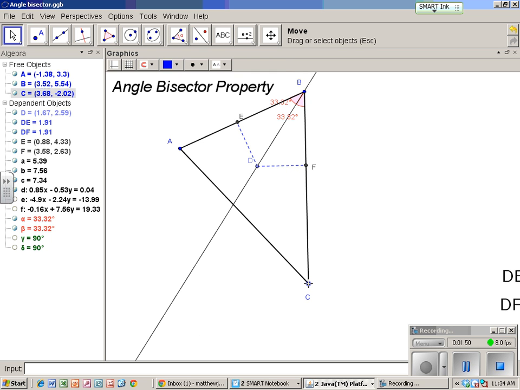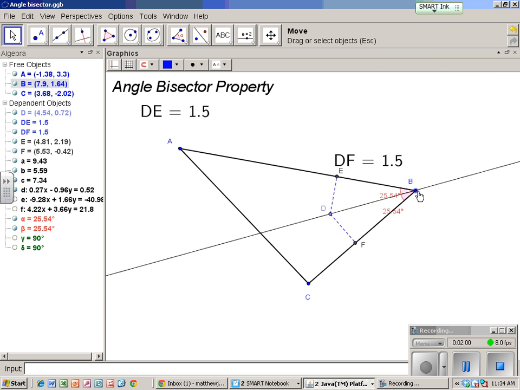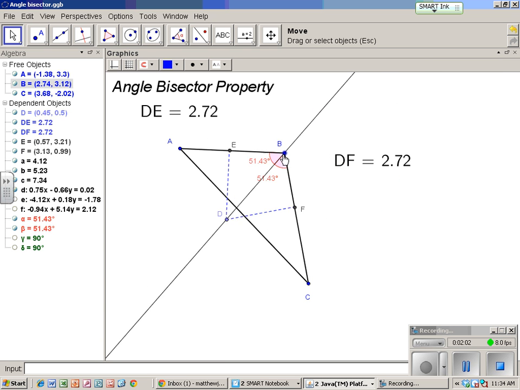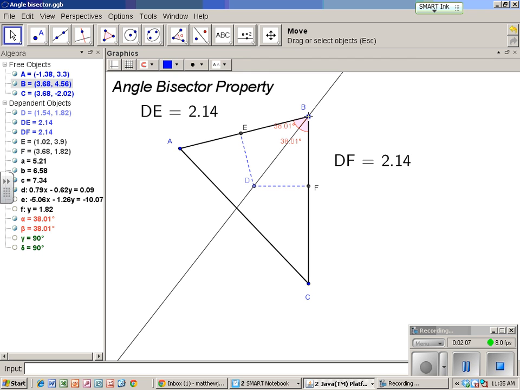And in fact, they are. DE 1.91, DF 1.91. No matter where I move the triangle, these two distances are the same.